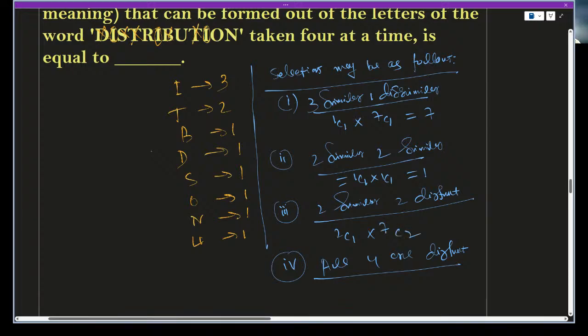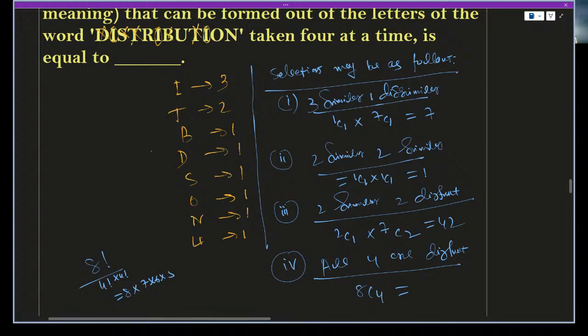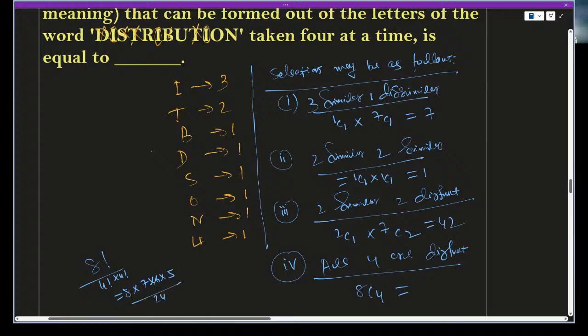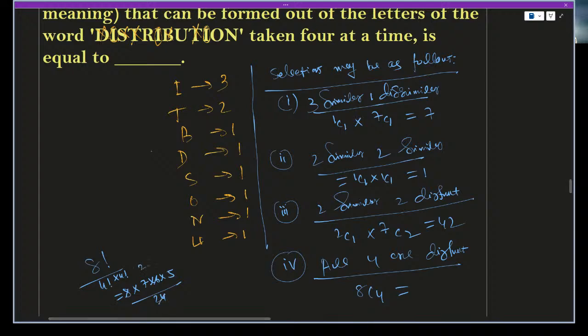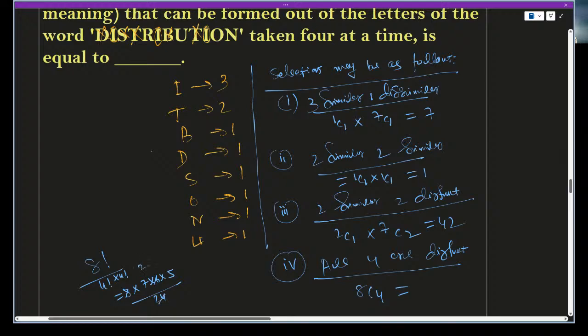All 4 different: 8 C4. 7 C2 is 7 into 6 by 2, that is 21. And 8 C4, I guess it is 70. Check once. Now 70. It is 70.